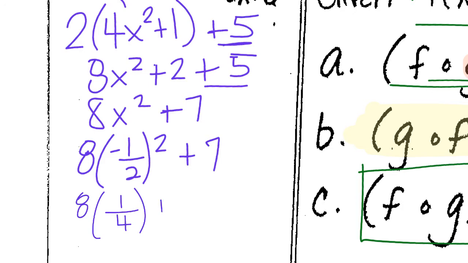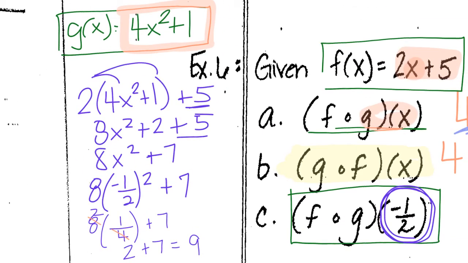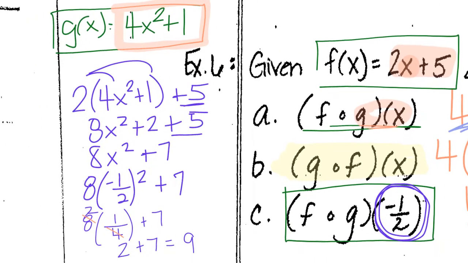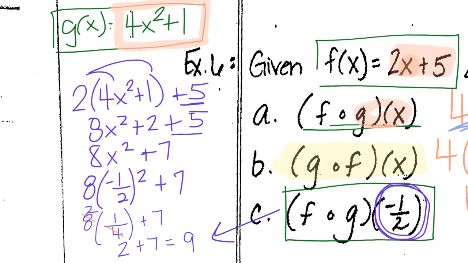So 1/4 of 8 plus 7. What's 1/4 of 8? We know that 1/4 of 8 will be 2. 2 plus 7 is equal to 9. So the answer of f of g of negative 1/2 is 9. So this is the answer right here.